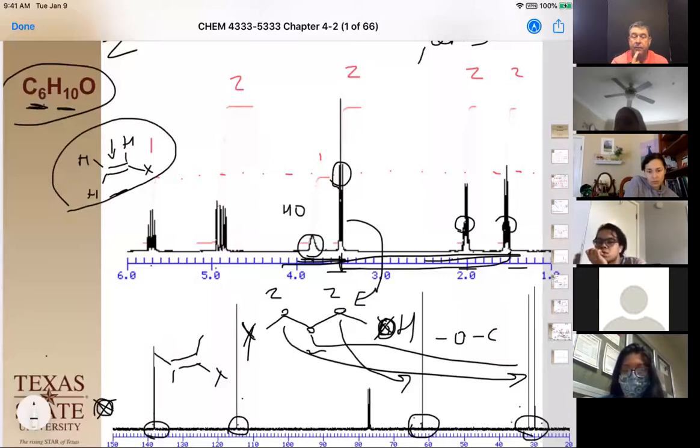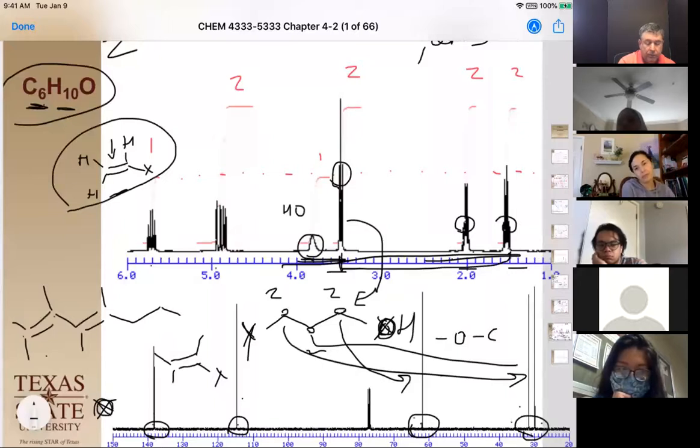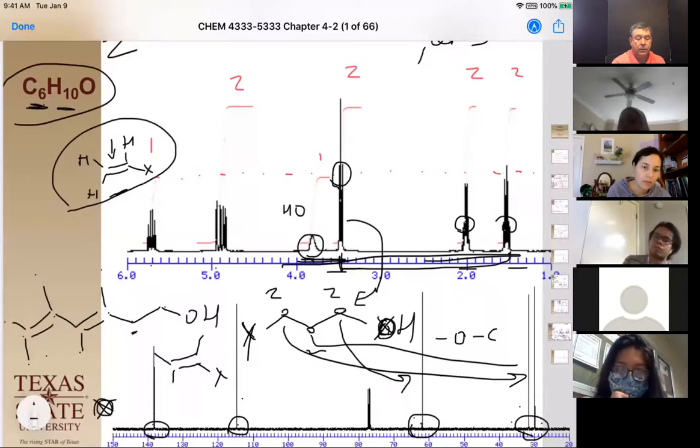They would have to be linked together then. So that would give us 1, 2, 3, 1, 2, 1, 2, 3, 4, 5, 6 OH. That would give us 5 alkene hydrogens, 1 aliphatic hydrogen, and 1 next to the OH.